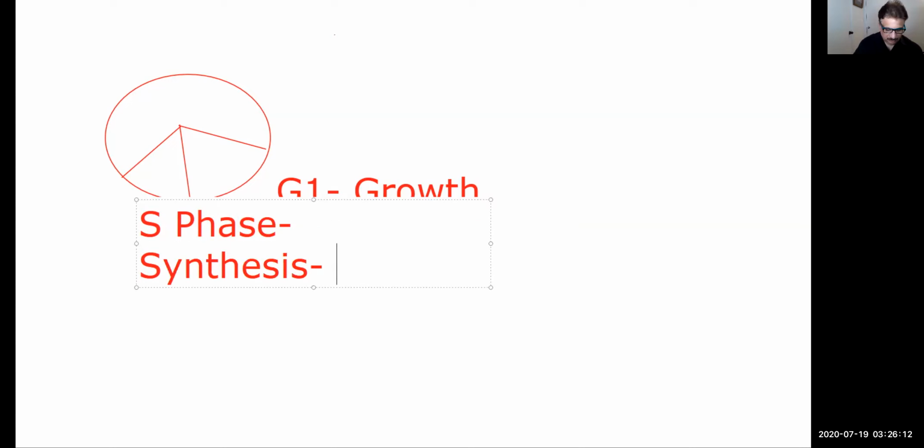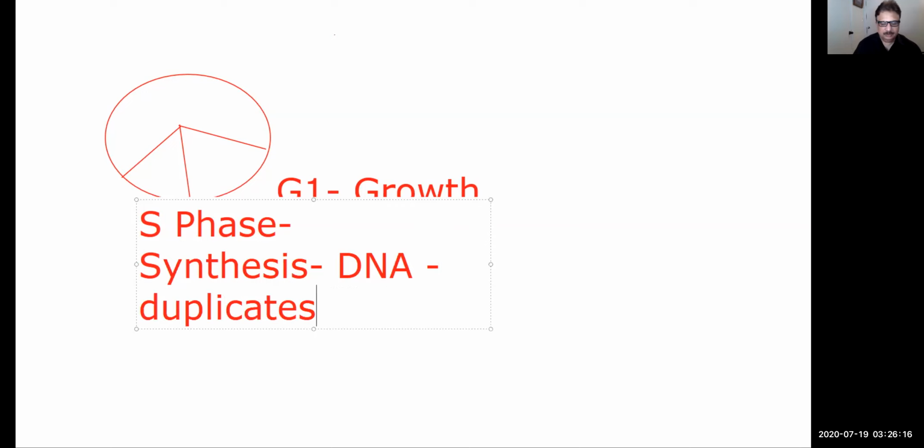And here DNA duplicates, because if a cell doesn't duplicate its DNA, the other cell without DNA or chromosome cannot survive, because DNA has all the executive information. So before cell division, where cell division means when a single cell divides into two, the DNA has to duplicate.